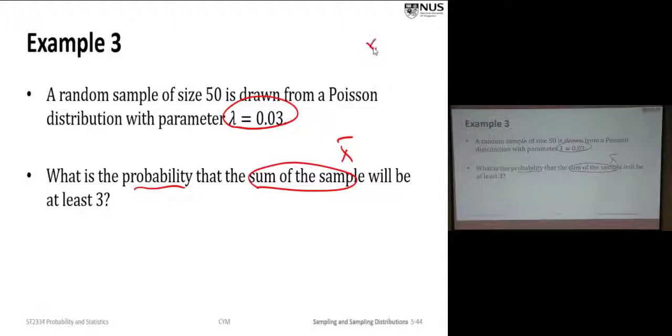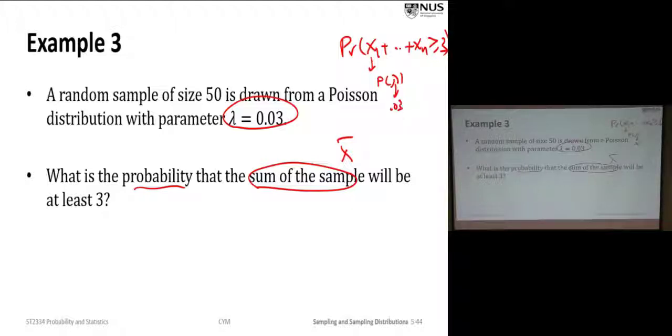That means we are asked about x1 plus x2 up to xn being greater than or equal to 3, while each x follows a Poisson distribution with parameter 0.03.